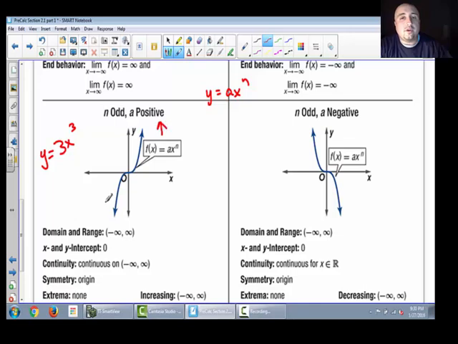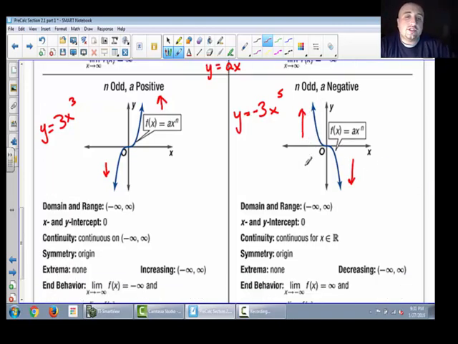I always call these sideways s's. It's going to have this sideways s shape. Now if your a is negative, so negative 3, and your n is still odd, so negative 3x to the fifth, the left side is going to go up and the right side is going to go down.